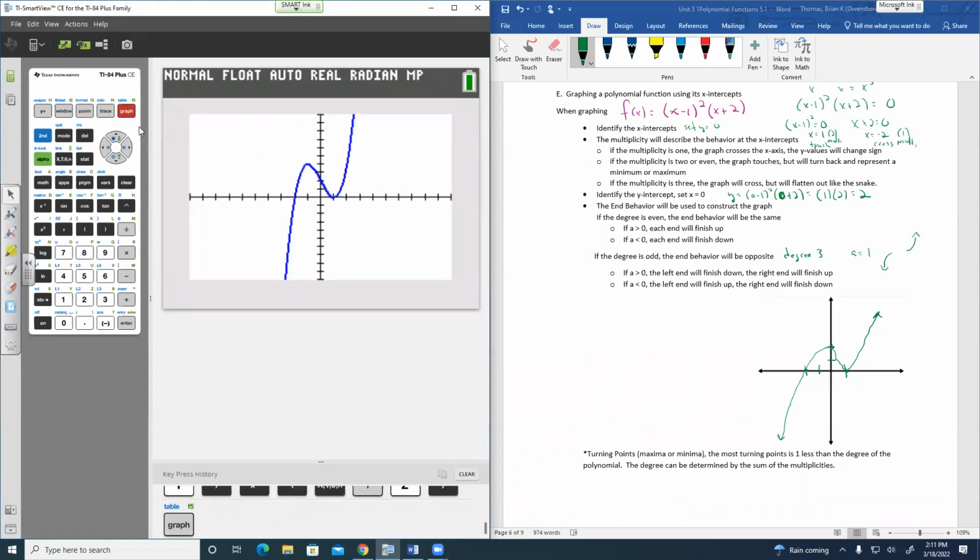Notice how that does mirror my graph. The x-intercepts are -2 and 1. The y-intercept is 2, things like that. So it shows that as well.